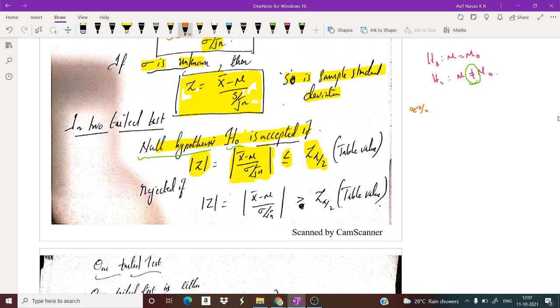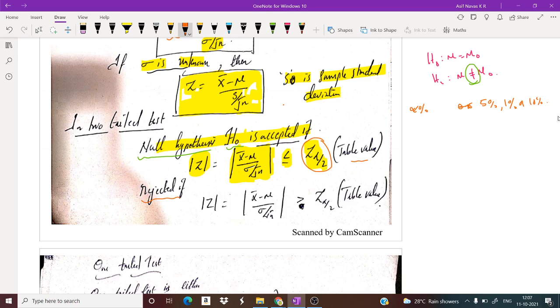This value we will get from the table. What you have to check is what alpha is. Usually it is given as 0.05, 5 percentage, or 1 percentage or 10 percentage. And this value we will get from the table.